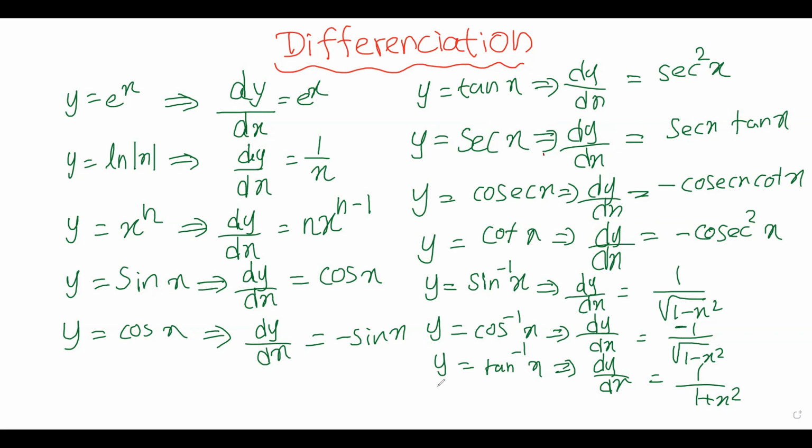Okay, now you have to keep in mind these things. I believe you have to remember these equations, so you can use them. Did you remember? Again I will go through them. If I take e^x, the derivative is also e^x.